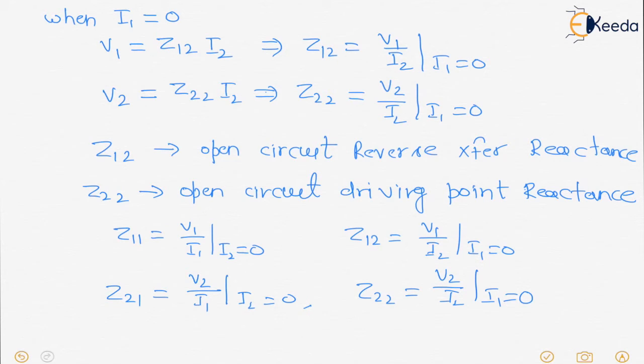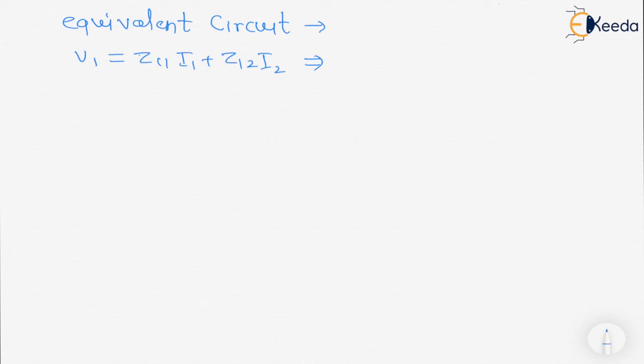Now we are going to draw the equivalent circuit. We have two equations. V1 is equal to Z11 I1 plus Z12 I2.